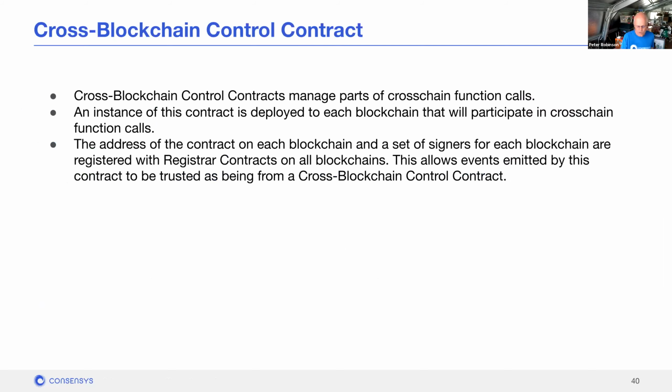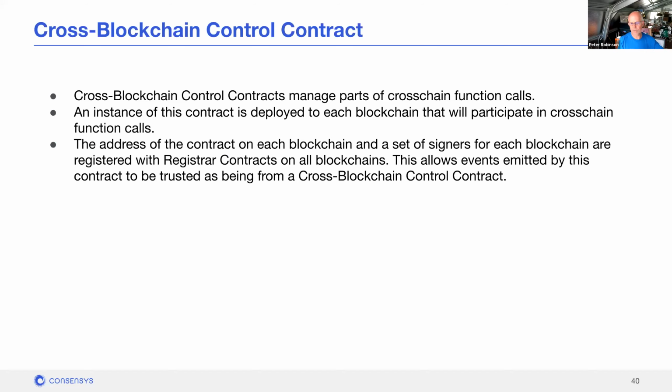So once you've thought about that and got that, then you need to be sending in the information into the cross-blockchain control contract. And so this contract helps to control part of the cross-chain call. And so you deploy an instance of this contract on each of the blockchains that are going to participate in the cross-chain function call.